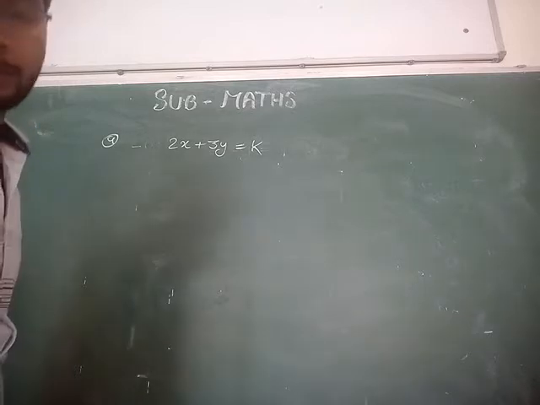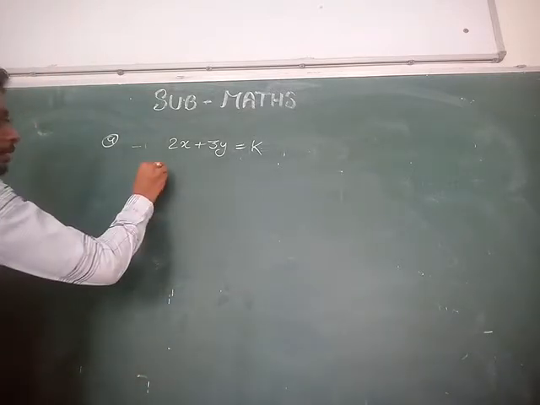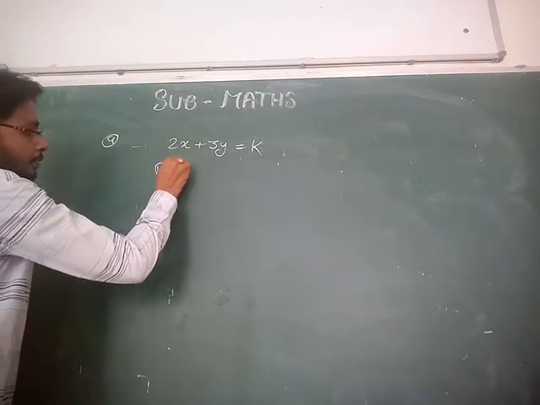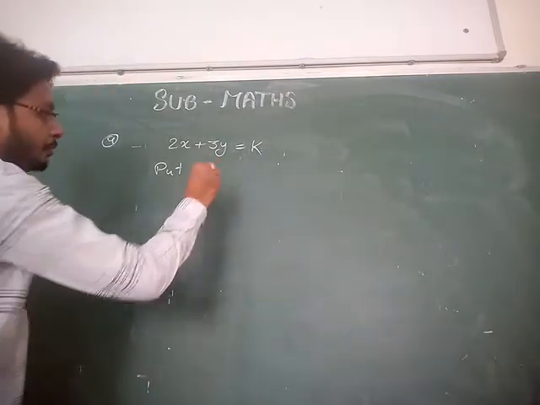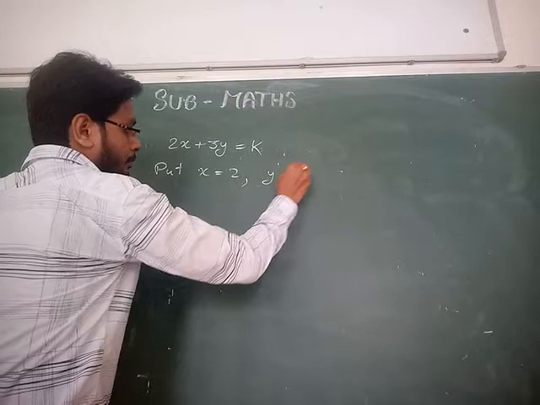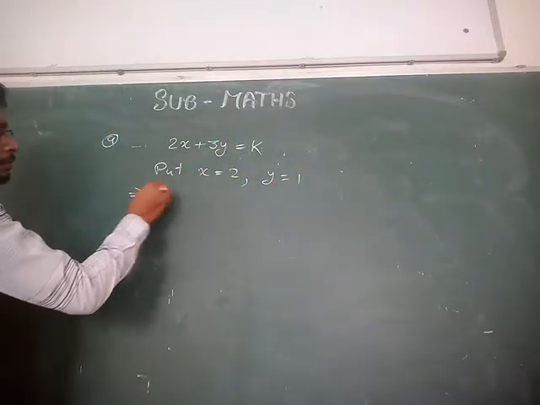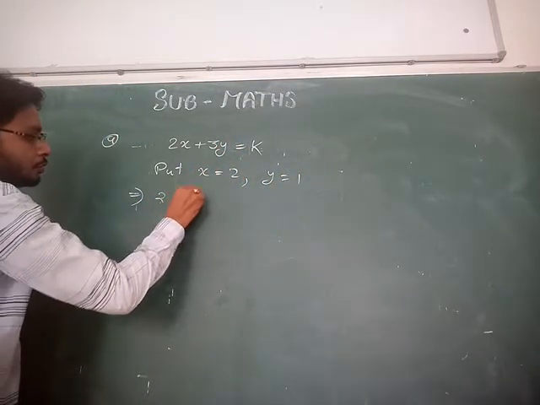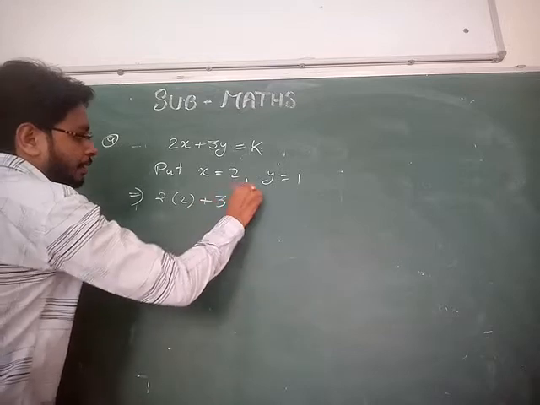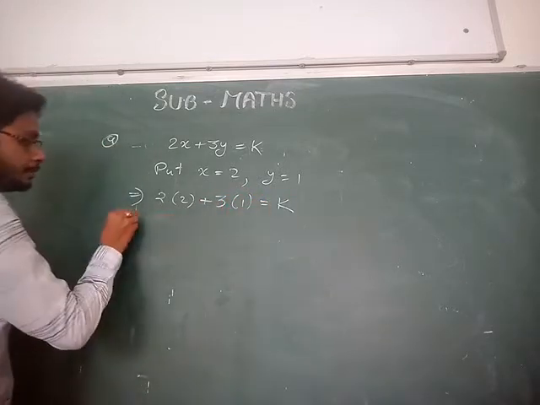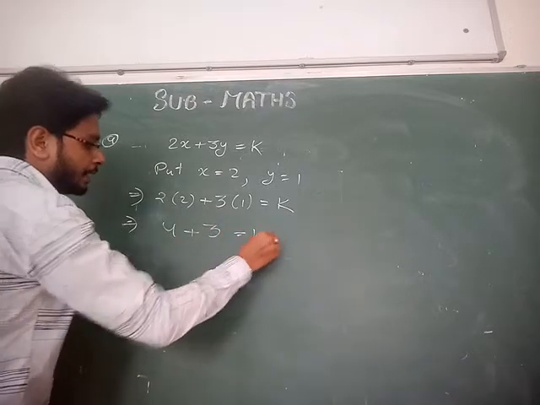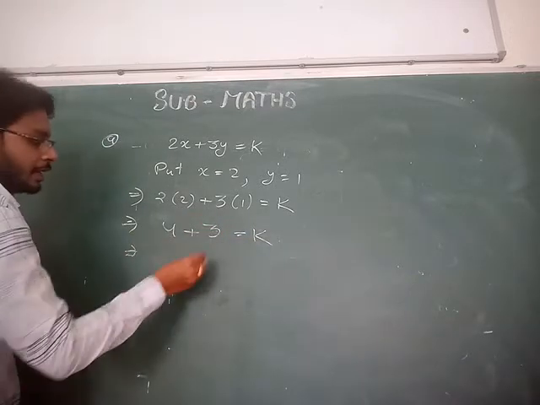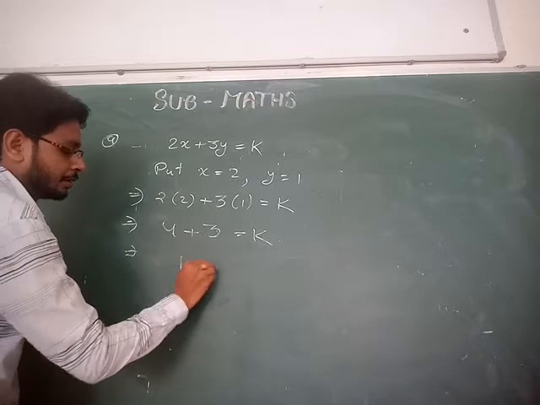You have to find the value of k when x equals 2 and y equals 1. Put 2 into 2 plus 3 into 1 equal to k. That is 4 plus 3 equal to k. So k equals 7.